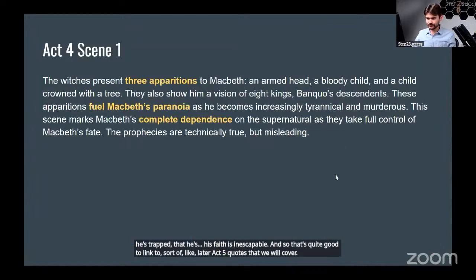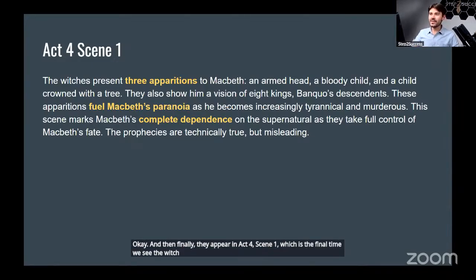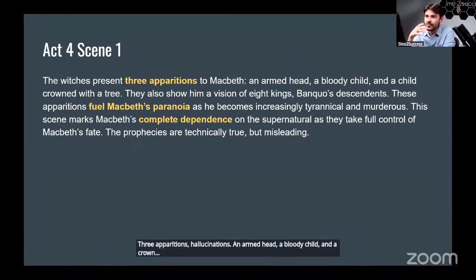Okay. And then finally, they appear in Act 4, Scene 1, which is the final time we see the witches. In this scene, they present to Macbeth three apparitions, hallucinations: an armed head, a bloody child, and a child crowned with a thorny tree.